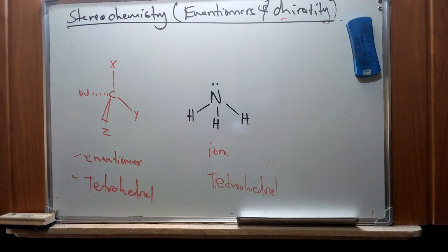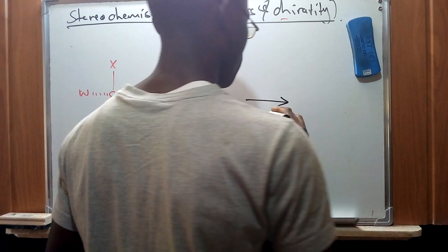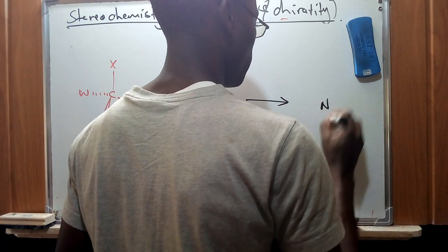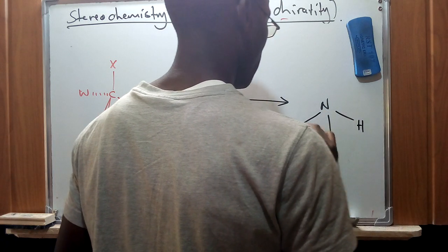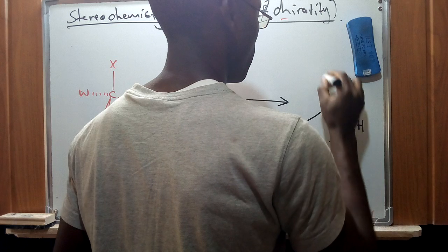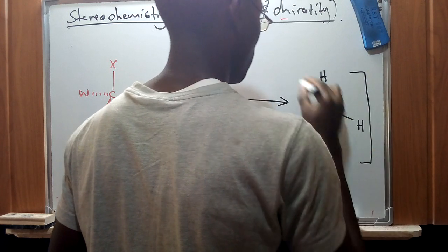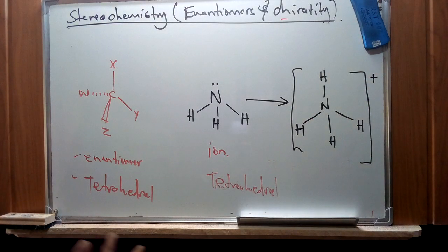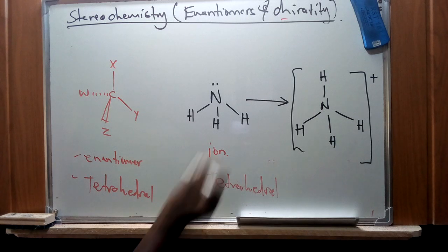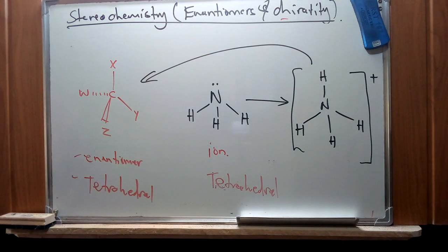So suppose we form an ammonium ion, in this case, then we shall have nitrogen forming a hydrogen at this specific point, and this generally is going to give us an ammonium ion. This kind of an ion is a tetrahedral kind of an ion, which of course the structure is similar to the enantiomer that we have demonstrated for this case.